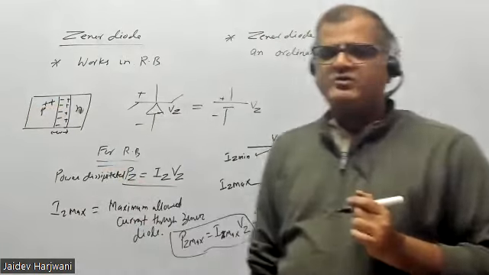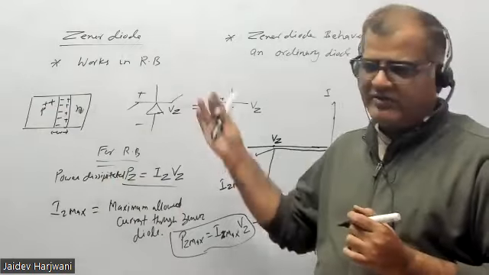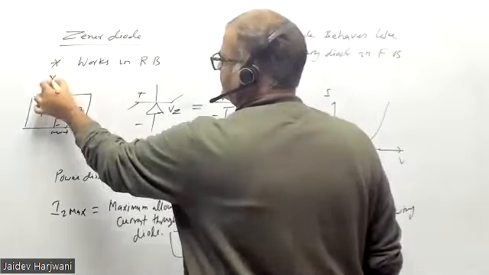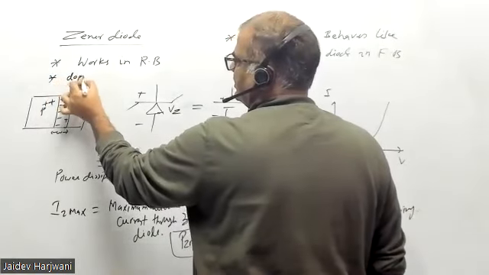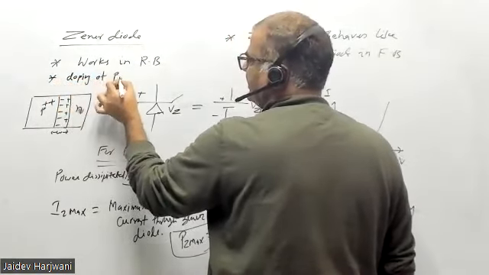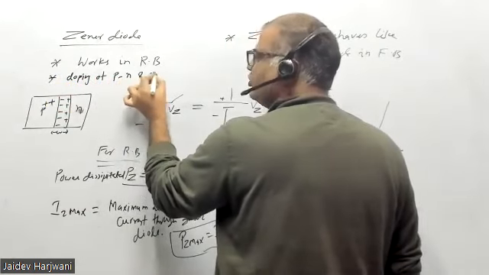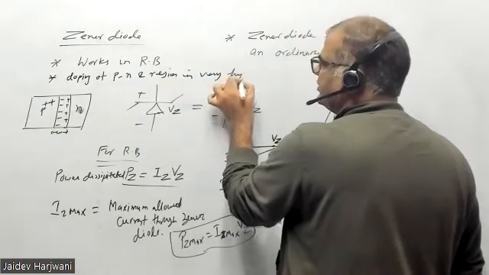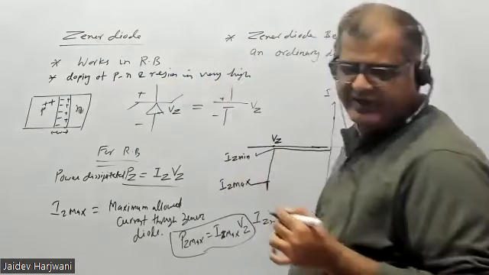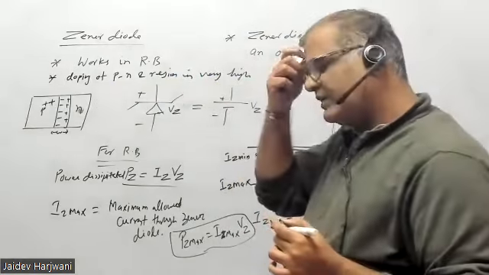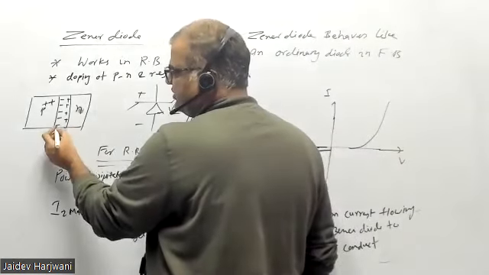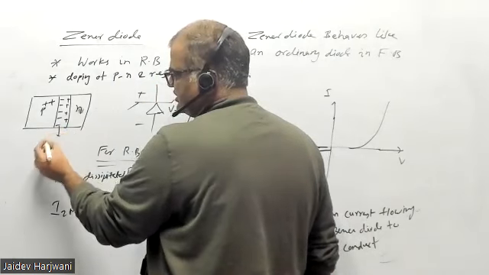You make both the P and N regions highly doped, very high compared to an ordinary diode. So when the doping is very high, what happens? This width is very small.